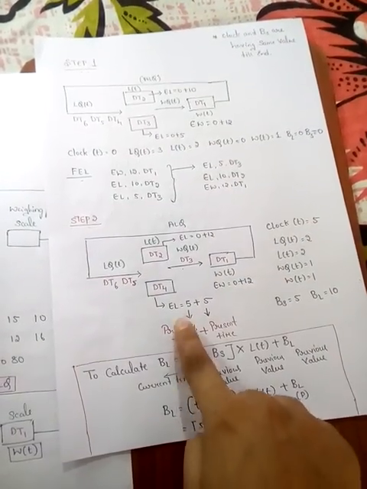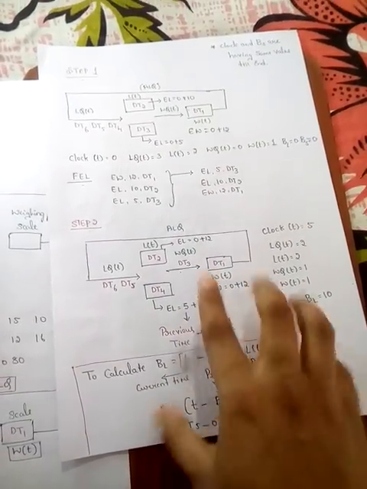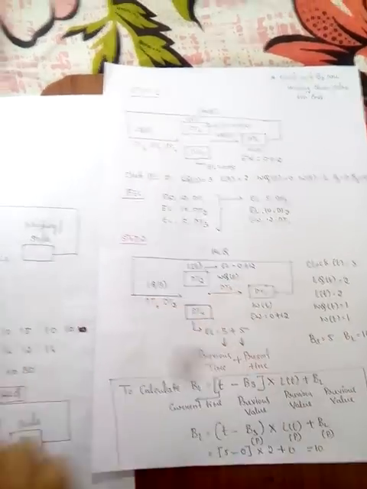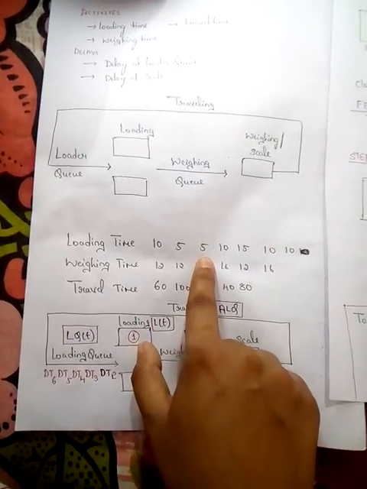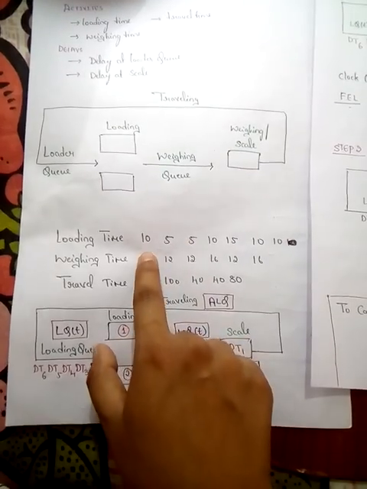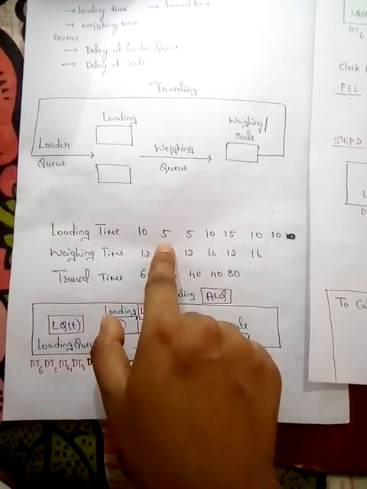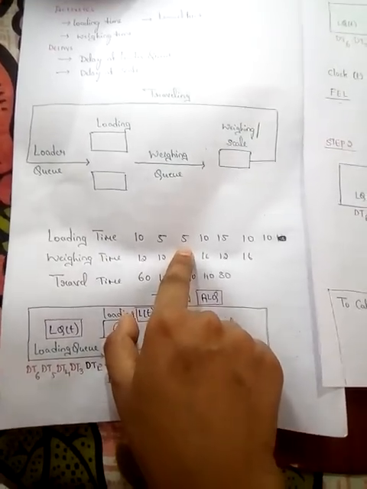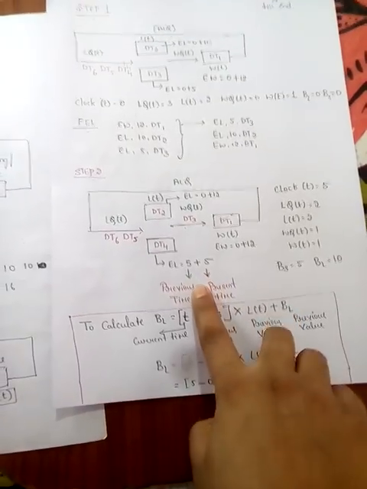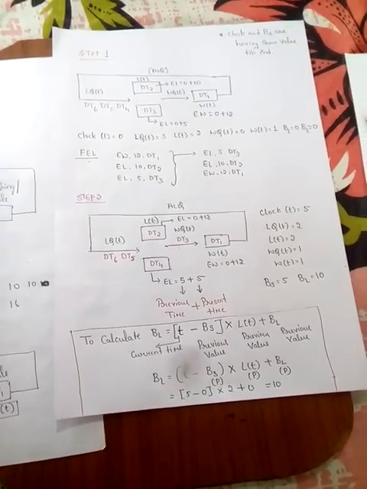My present time, which we will see in my table of loading times: the DT2 value is 10, the DT3 value is 5, the DT4 value is again 5. So previous time plus present time, 5 plus 5 equals 10.